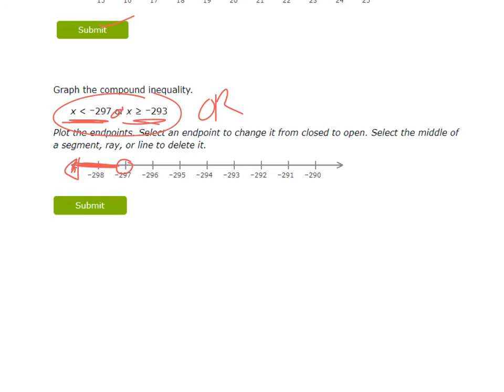Or, though, it says that the solutions can also be greater than or equal to -293. So if you ignored the other line you made and said, oh, that'd be a closed circle on -293, and you just put that on the right, and each line does its own thing in this case. They don't run into each other or anything because it's the OR case. You would be able to make the correct graph just by looking at each one separately. So there's what those start to look like.